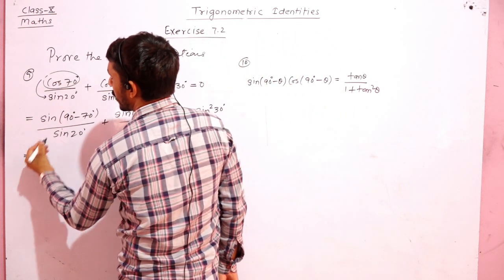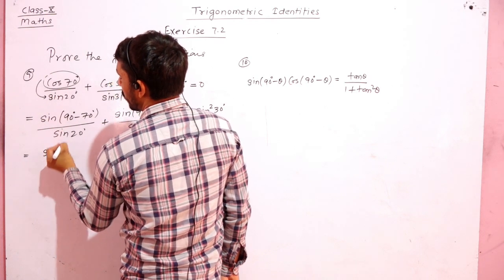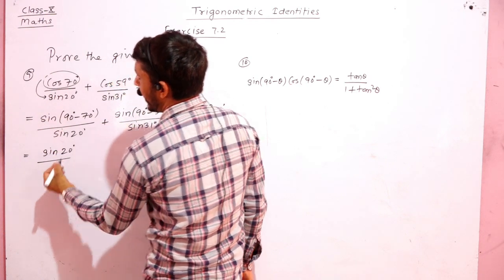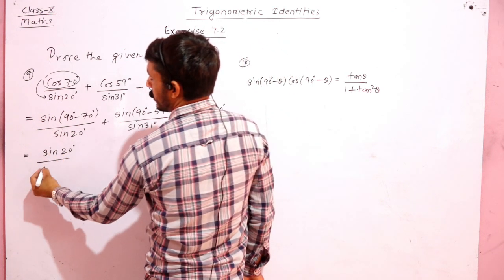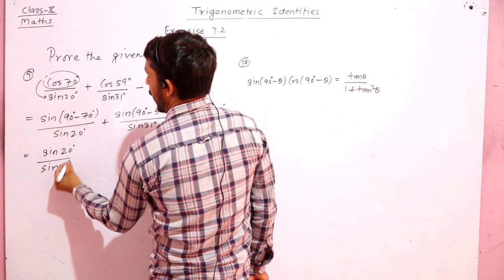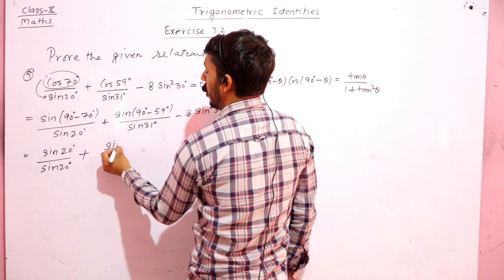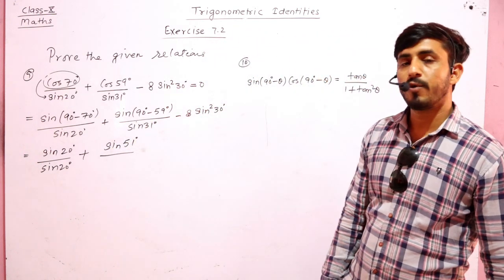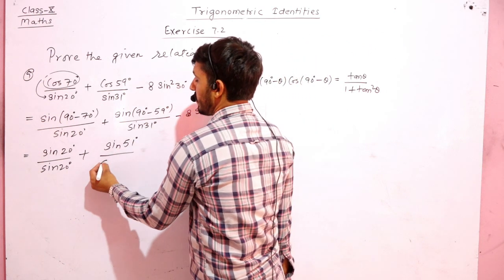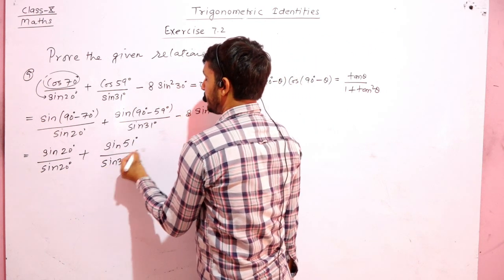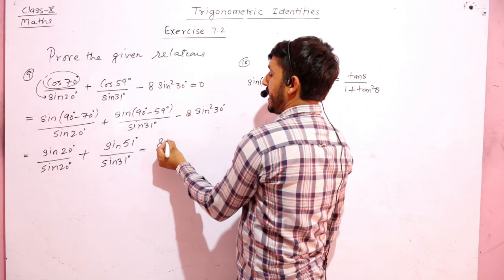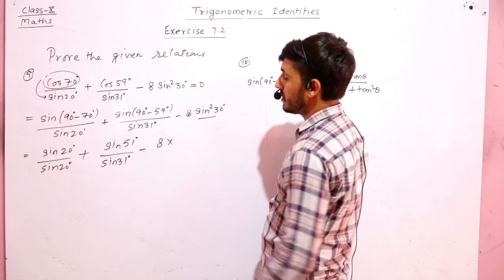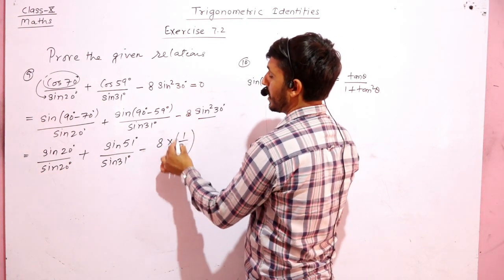Now in the next step, if we solve this, we will obtain sine 20 degree divided by sine 20 degree. In the next step we have sine of 51 degree, as we subtracted 59 degree from 90 degree, divided by sine 31 degree, minus 8 into the value of sine 30, which we know is equal to 1 by 2 square.